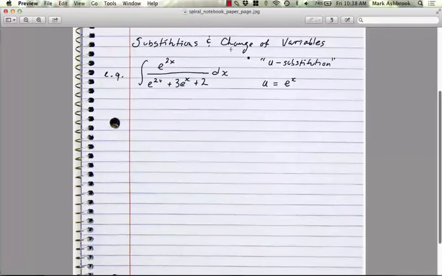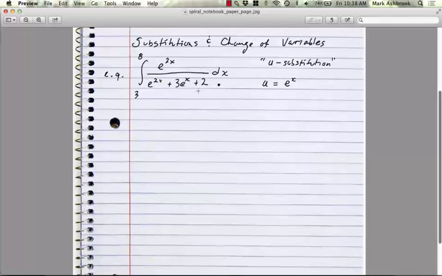And what we're going to do is change this whole thing from being in variable x to being in variable u. And let's just say this is from 3 to 8, okay? If we've got dx, we're going to need du.